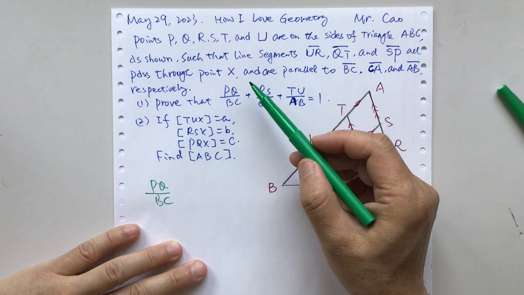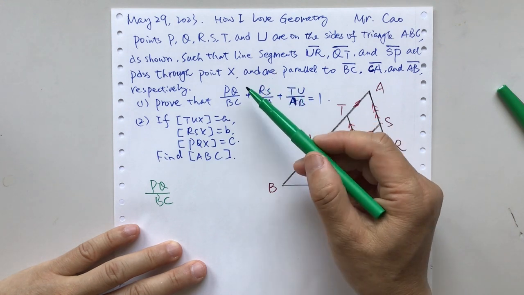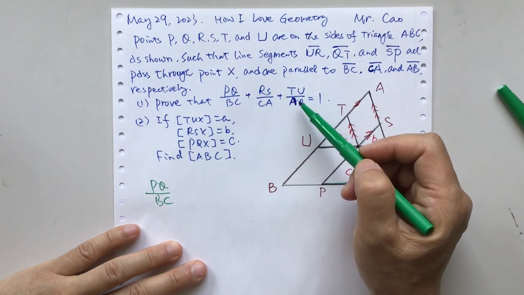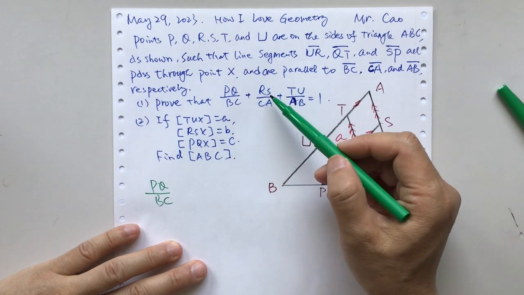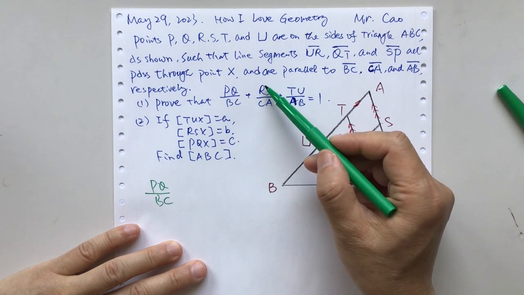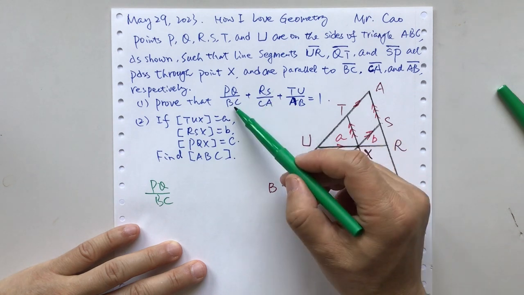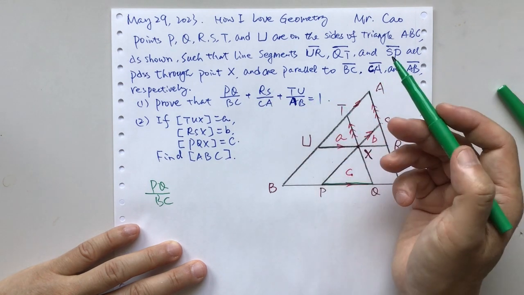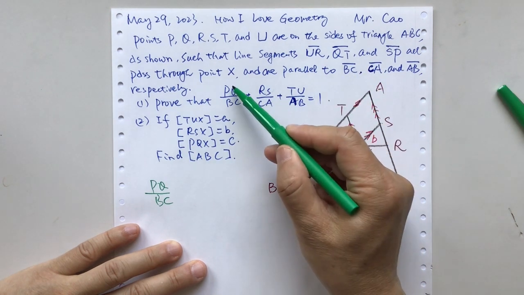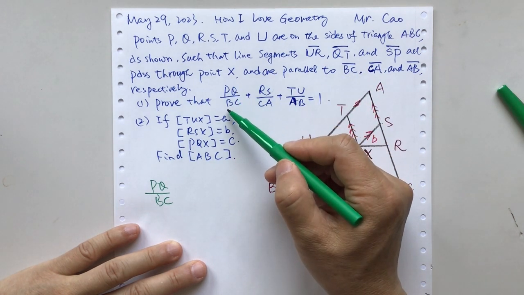it will be PQ times CA and AB, and for the second one the numerator will be RS times BC and AB. So it will make the problem complicated. So we can use the same denominator instead.